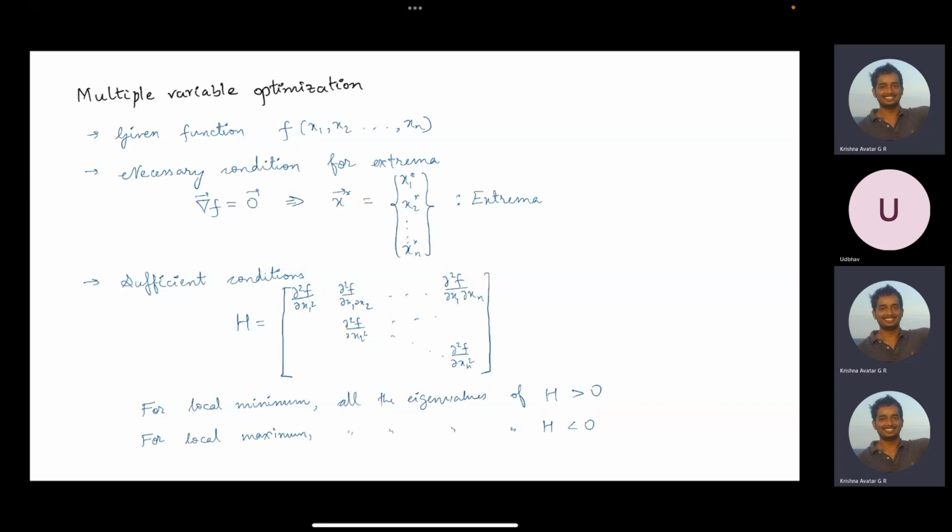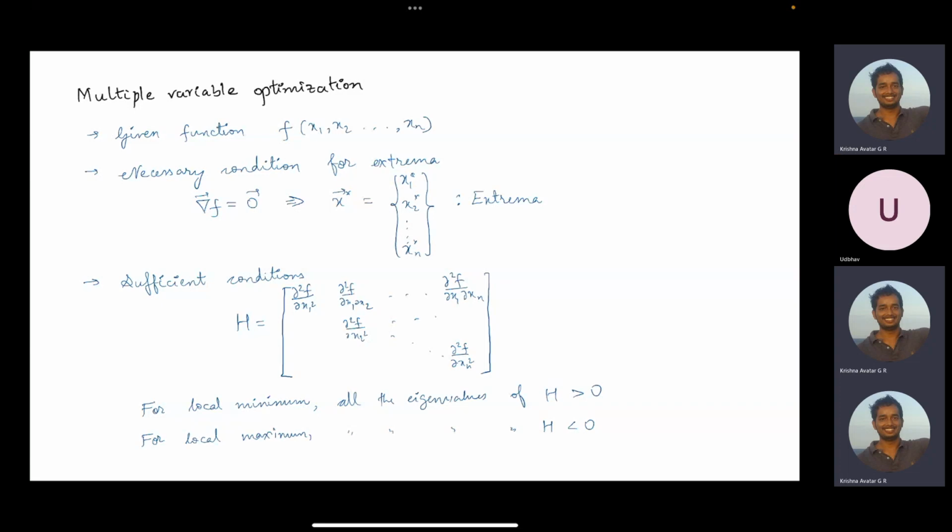The necessary condition for extrema is given by equating the gradient of f, a vector, to zero. The gradient operator here simply implies that we are partially differentiating f with every variable, x1, x2 and so on, and equating this whole system of equations to zero. The solution to the system of equations is x star, which are the extrema of the problem.